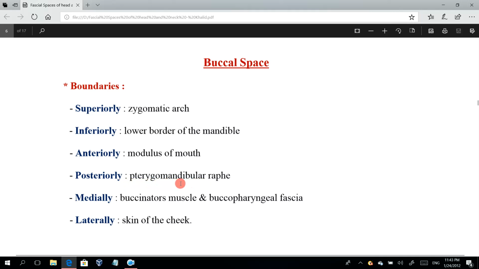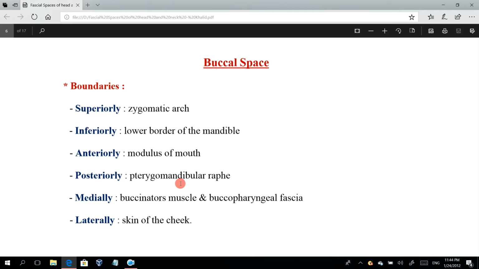It is a band of fibrous tissue or ligament that extends from the hamulus of the medial pterygoid plate. You know the hamulus of the medial pterygoid plate: at the inferior margin of the medial pterygoid plate, we have a small hook-like structure called the hamulus.